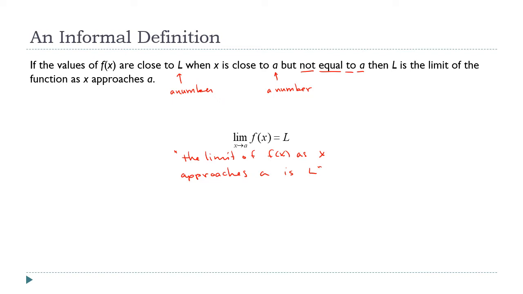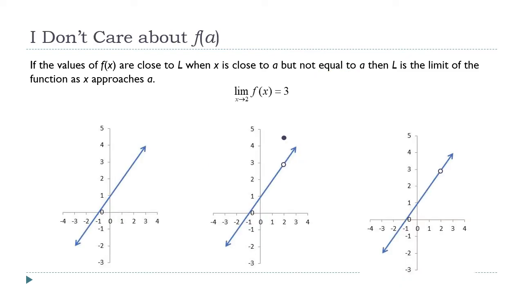Anytime I'm reading something new like this, that's one of the first things I do: come up with some examples and see if that helps make it more concrete for me. So I've got some here, and I've got our informal definition at the top. What I'm looking to talk about in these three examples is the limit of f of x as x approaches 2.